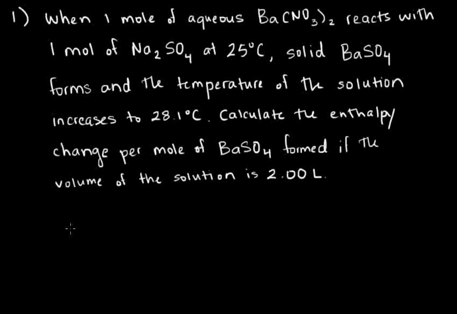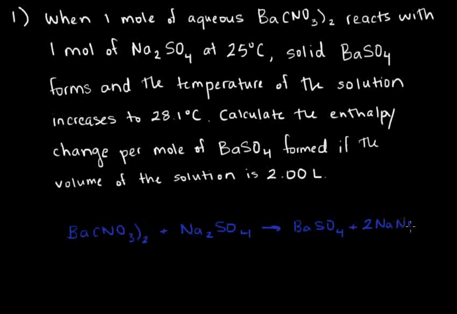We're going to mix barium nitrate plus sodium sulfate, and we're going to form barium sulfate plus 2 sodium nitrate. And these are actually going to be spectator ions, so we don't have to worry about that right now.